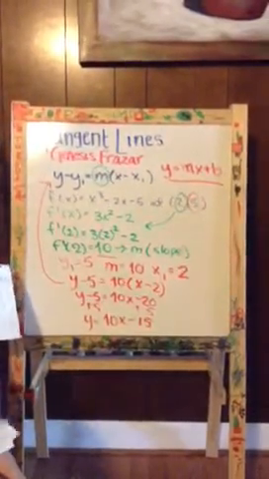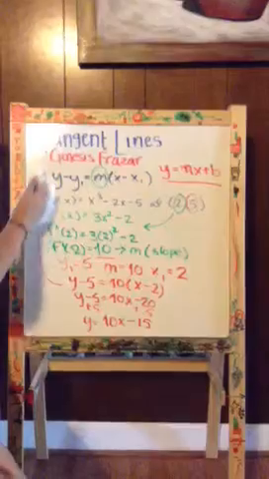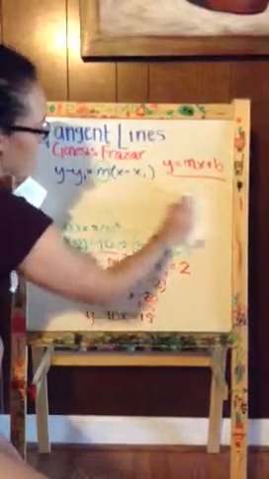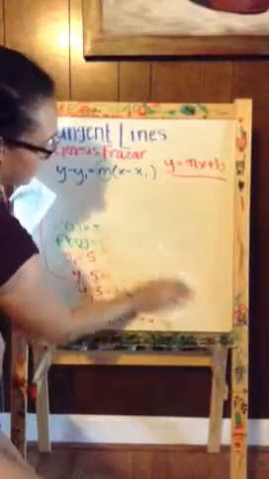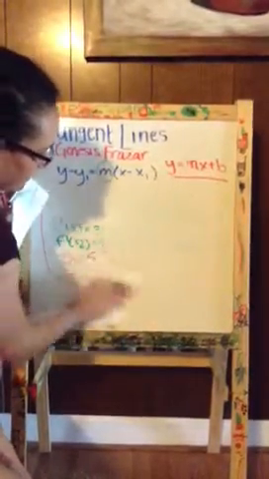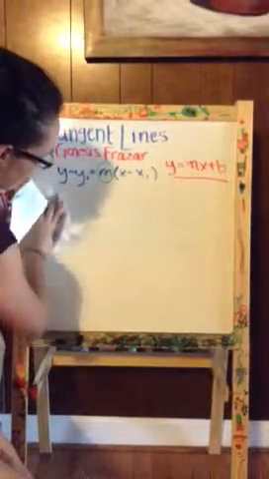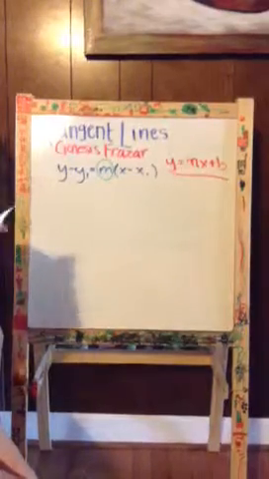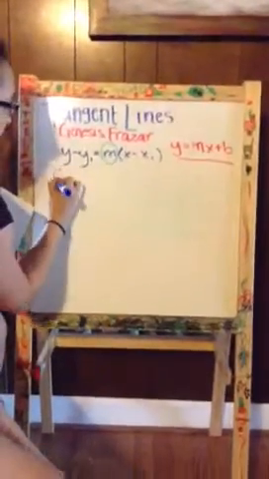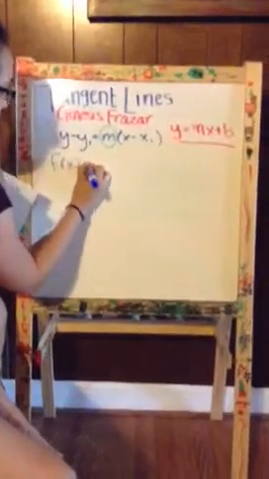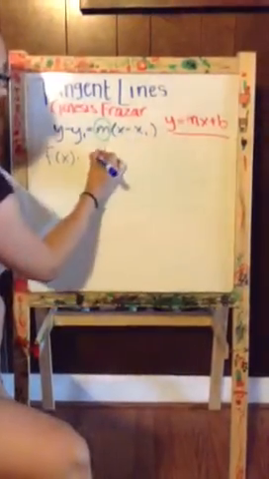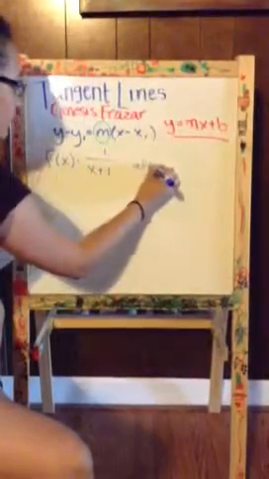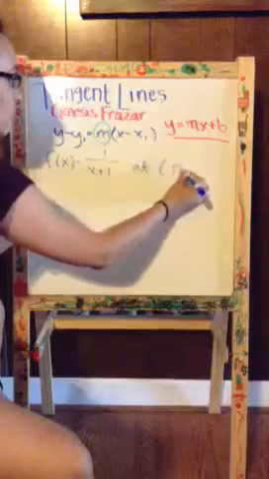Now moving on to the next problem. We will have f of x equals 1 over x plus 1 at the given point of 0, 1.